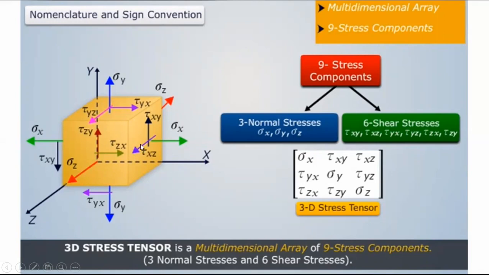That means on each face there is a normal stress perpendicular to each face, and in the tangential direction here you can see tau xy, and here tau xz is the shear stress. There are 3 normal stresses and 6 shear stresses. Don't worry, hesitate or get confused by looking at this diagram. We will see the simpler diagrams.